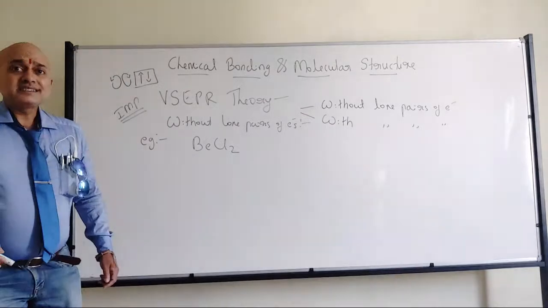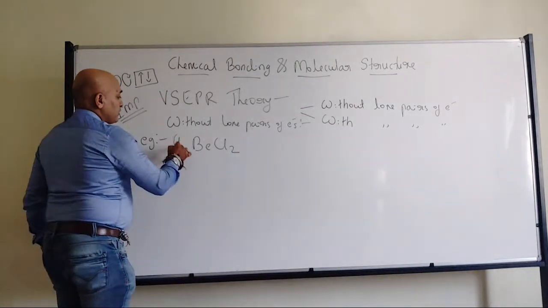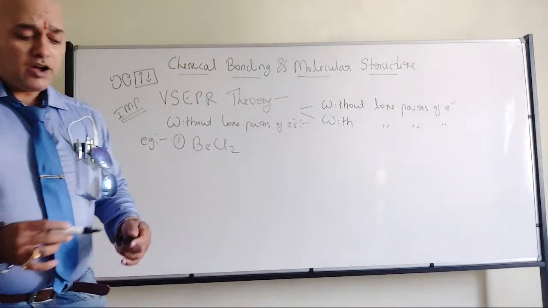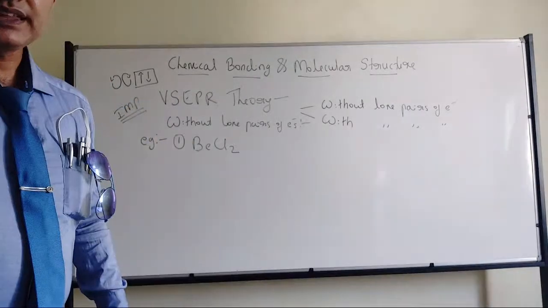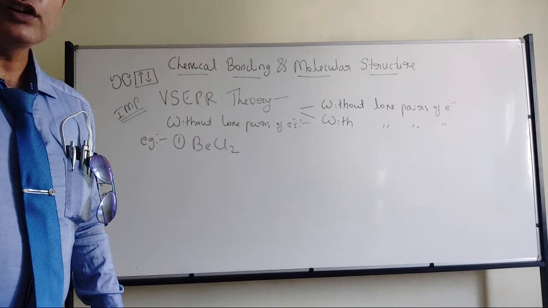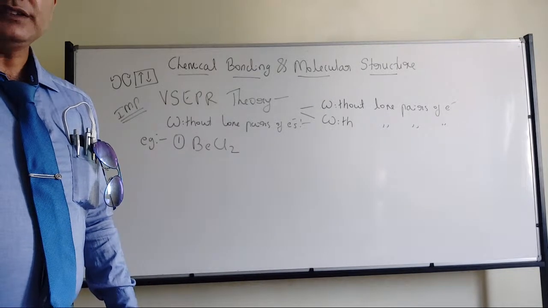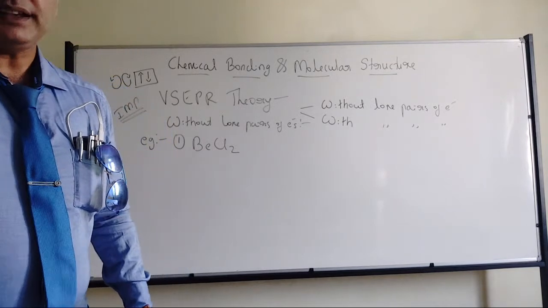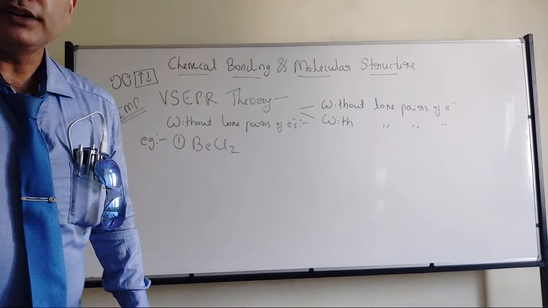I can give the example of beryllium chloride. This is example 1. Beryllium belongs to which particular group? Any one of you? It belongs to the alkaline earth metals. That is group number 2.